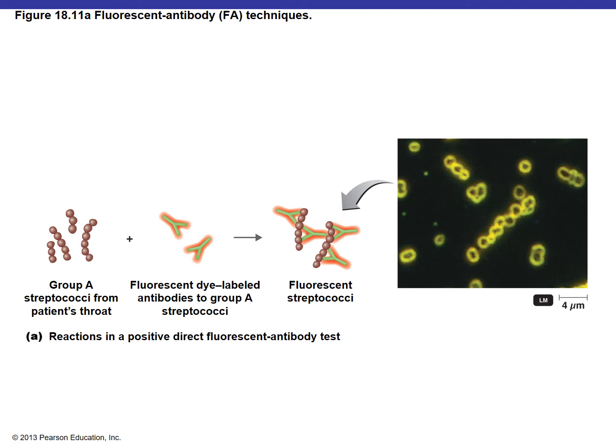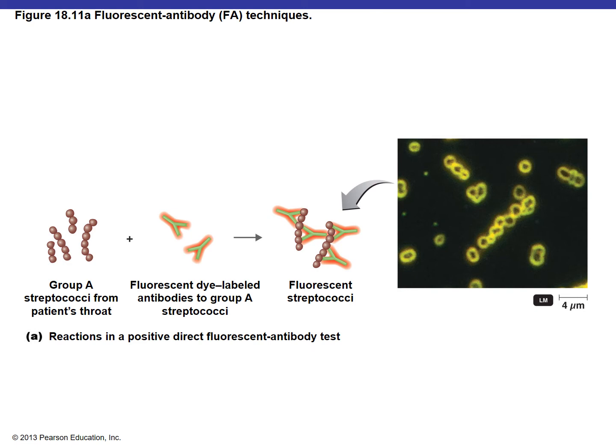If that antibody binds to that particular microbe, you have identification, because that antibody is specific. Whatever species that antibody was raised against, that's going to be the only species that it's going to bind to, and so it will give you identification of the species of bacteria that is in your throat.